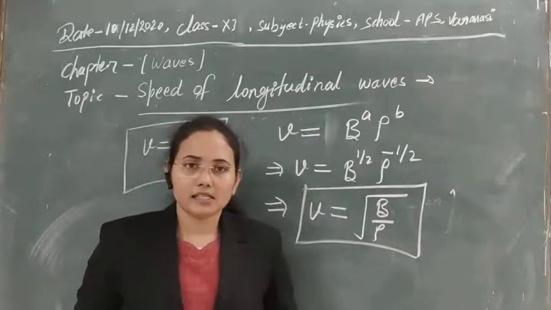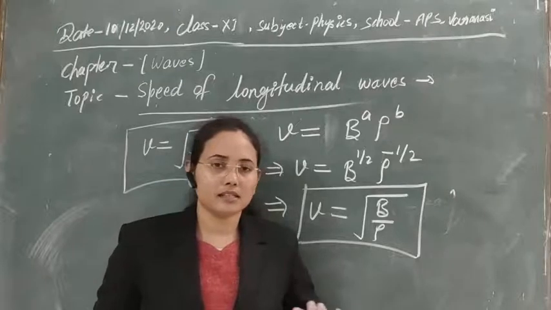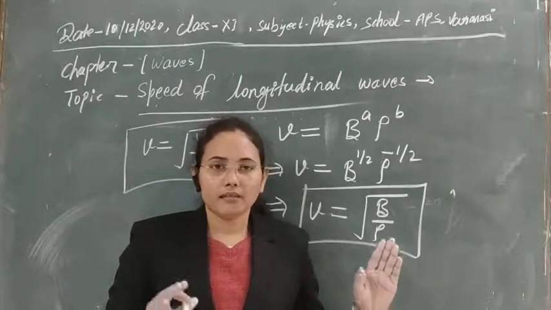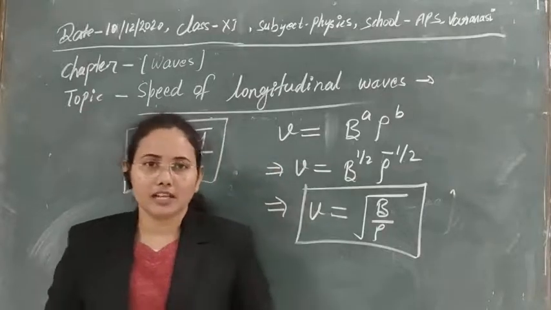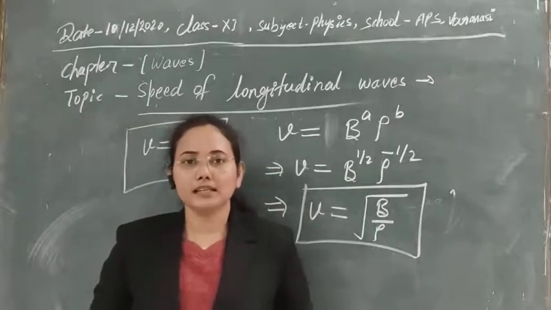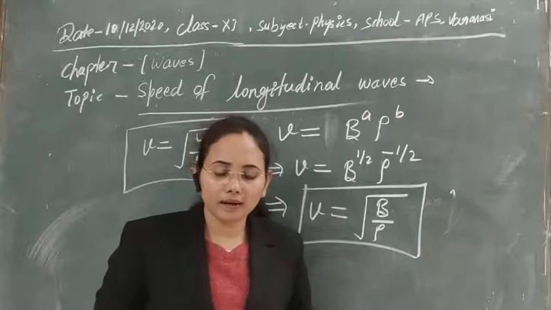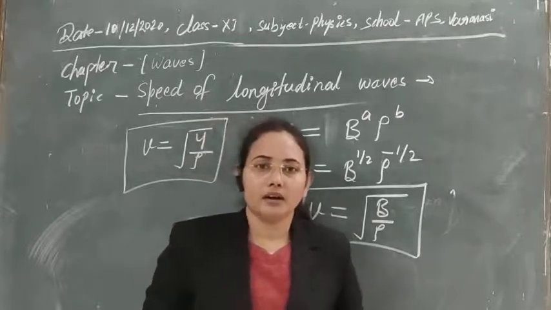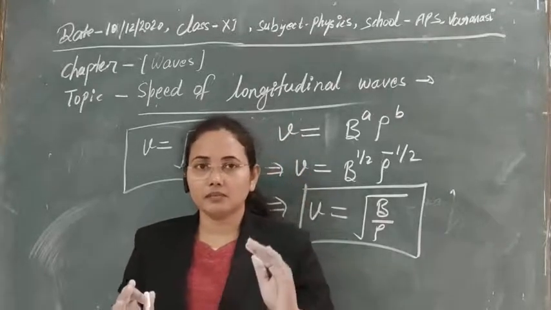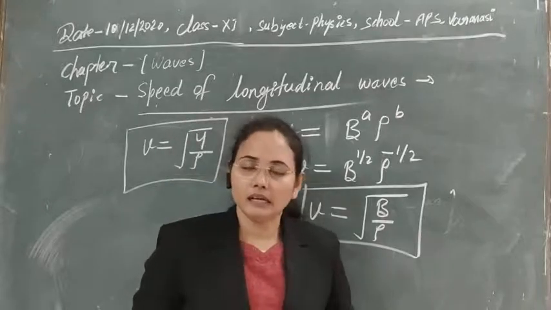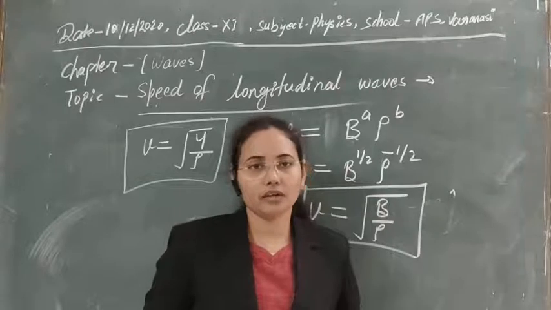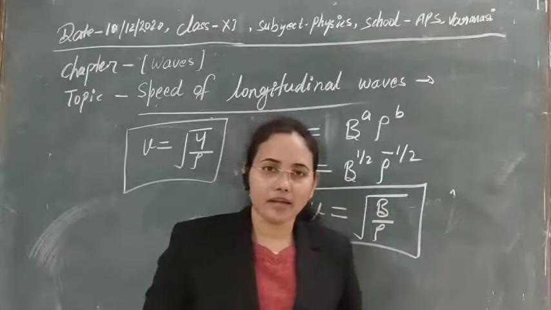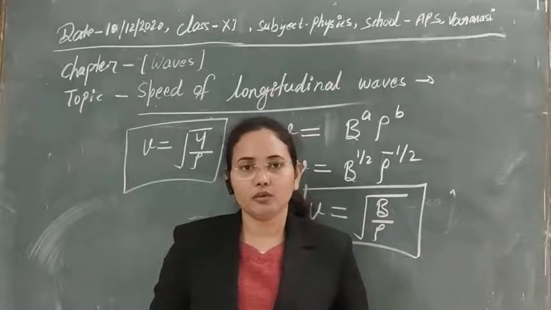Again, in a summarized way, let's see the things that we have discussed today. We discussed two things today, first the speed of the transverse wave produced in a stretched spring. You first have to understand whether the vibrations that are produced give a transverse wave or a longitudinal wave. After that you will be able to understand the wave concept easily.